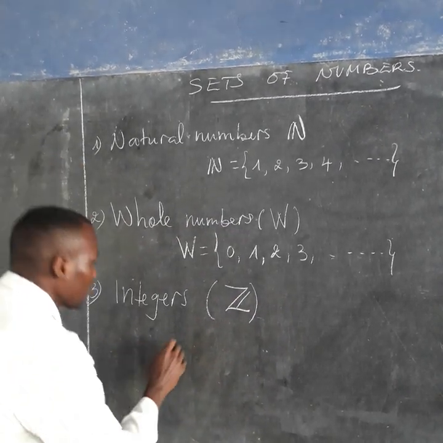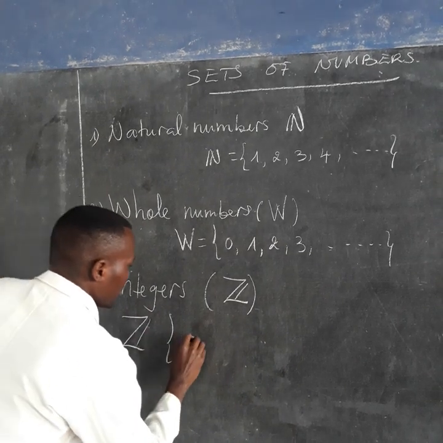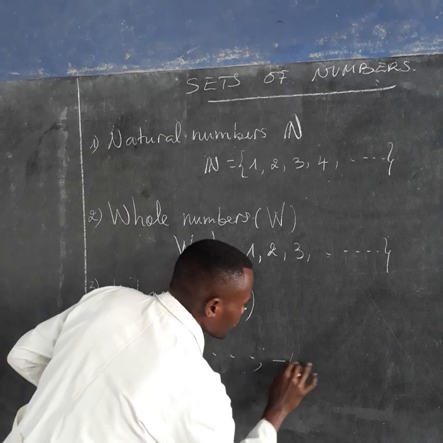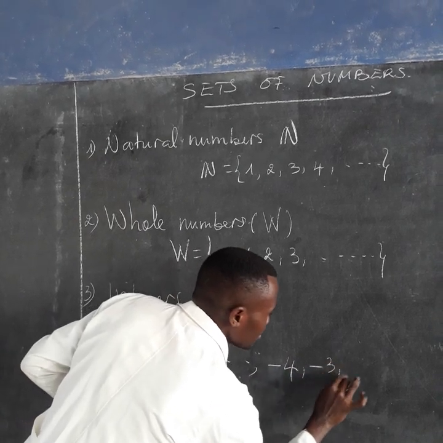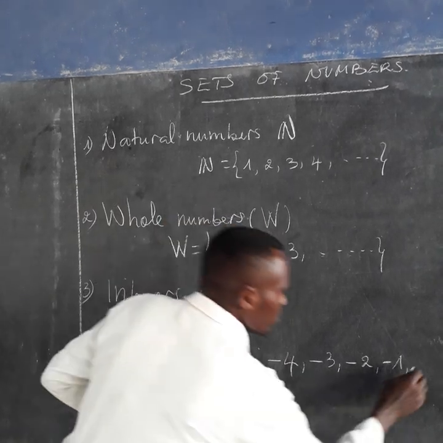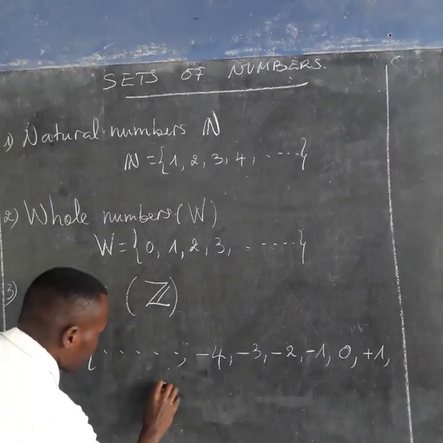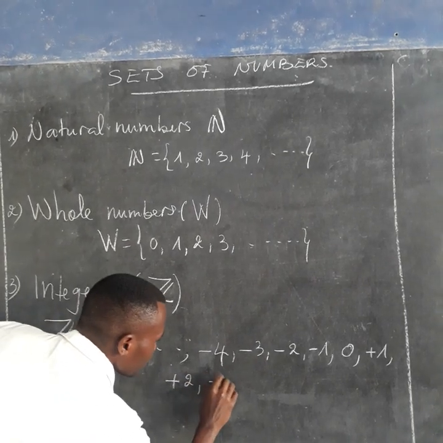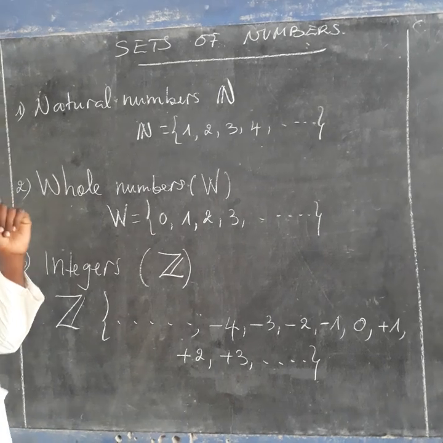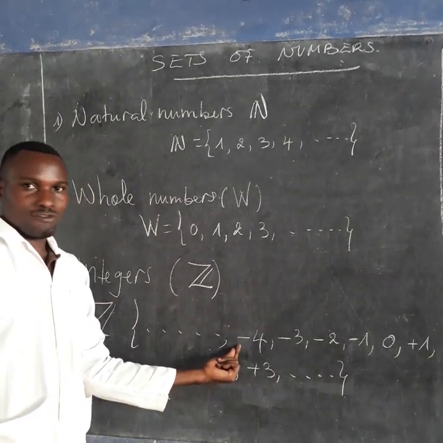Means that within integers, we start. There are many numbers which are negative: -4, -3, -2, -1, continue 0, +1, +2, +3, and so on. Remember that this is a whole number, but it is negative.